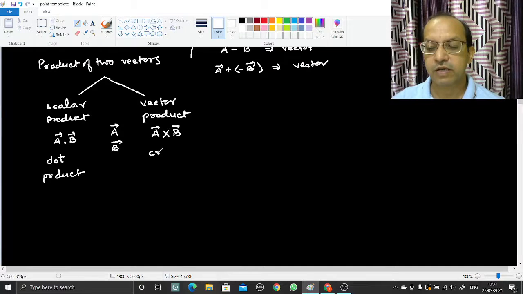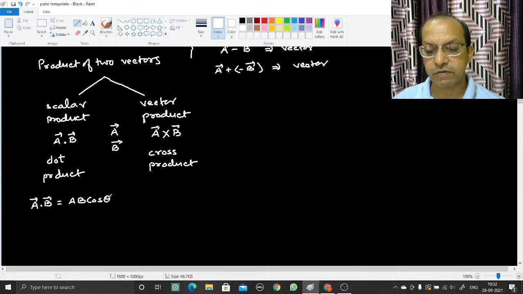It is also called cross product. Now the scalar product will give a scalar, that means it will have only magnitude as the resultant. So A dot B will be AB cos theta. What is theta? Theta is the angle between the two vectors, the angle between A and B.